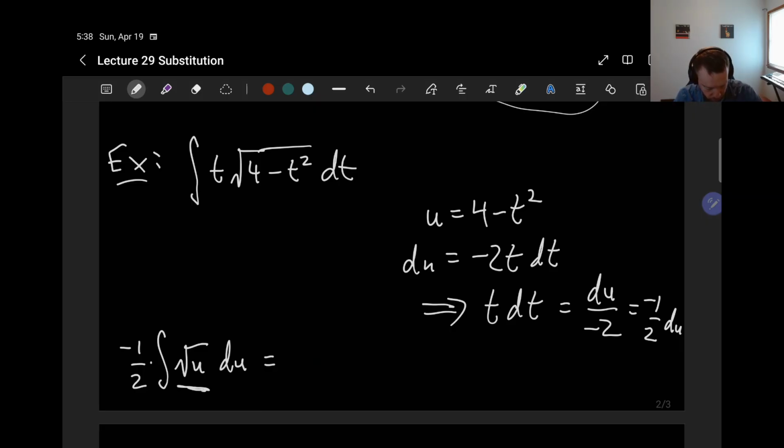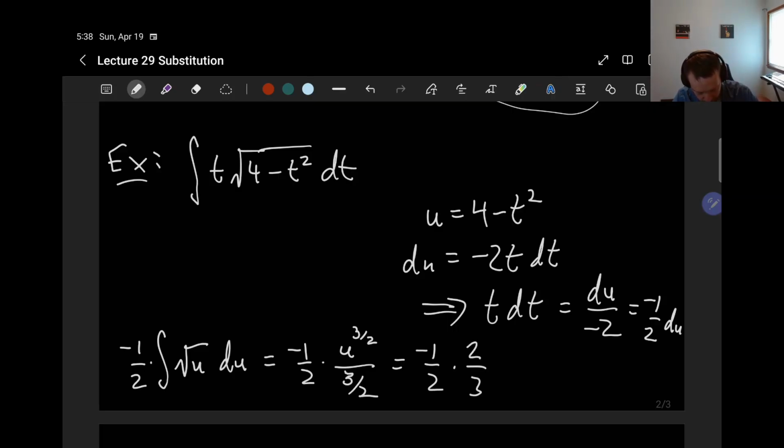All right, so square root of u is the same thing as u to the 1/2. So this will become u to the 3/2. I add 1 to that power and divide by that new power. And dividing by a fraction is the same as multiplying by the reciprocal. Oh, I forgot my plus c, didn't I?